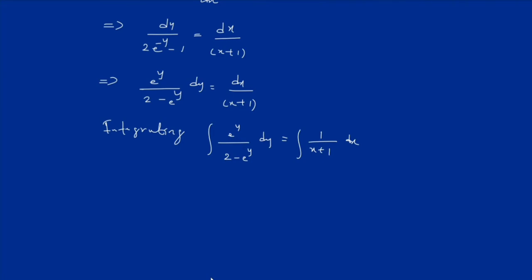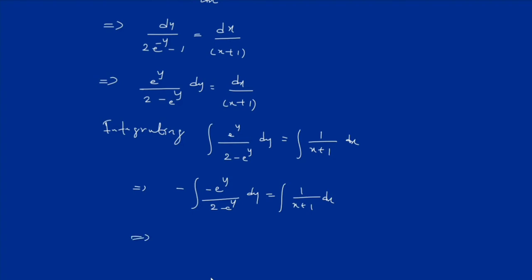Now we multiply by a minus sign to convert it into the standard form: minus e to the power of minus y upon 2 minus e to the power of y dy equals 1 upon x plus 1 dx. Now this is in the standard form, f dash of x upon f of x.